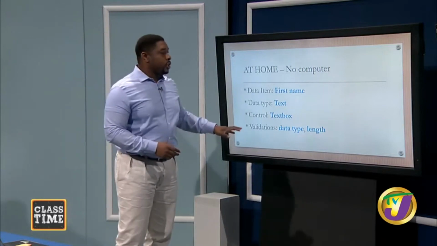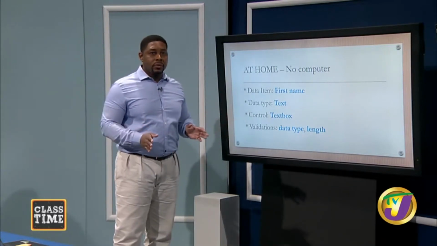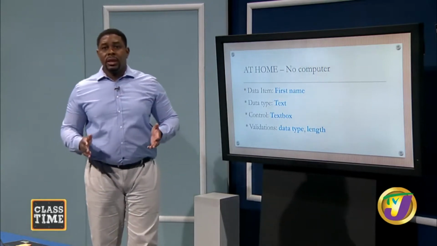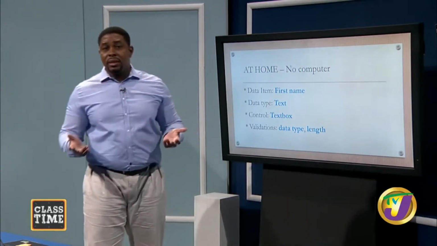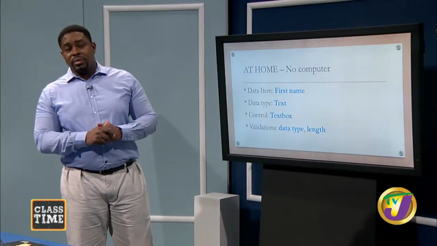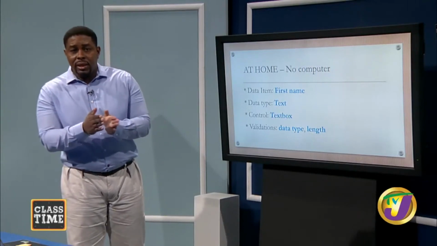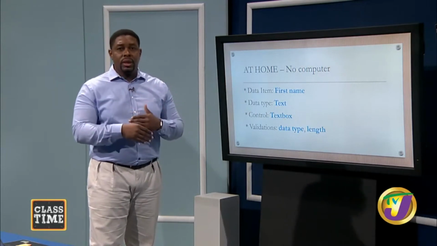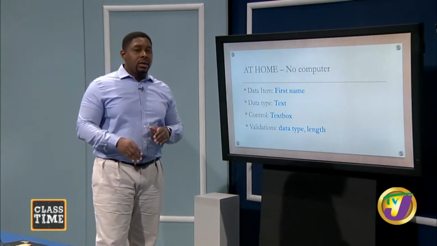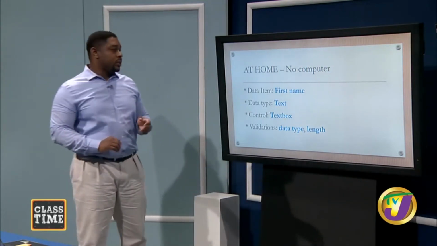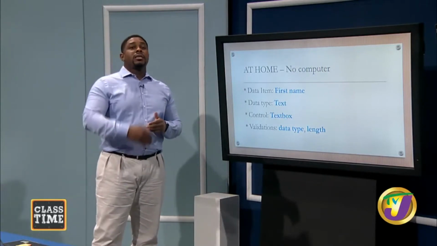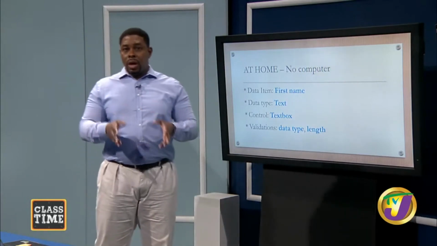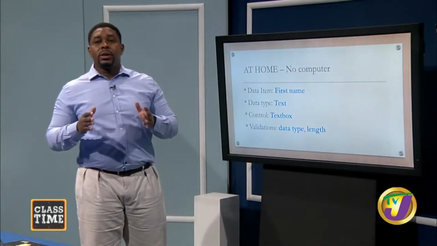All right? So if you don't have a computer at home or you just don't have any internet, you might only be listening by radio, and there's possibly no way in this particular season that you can get to do it online or do it on a computer. It makes sense for you just to write down these things that you intend to do. And a step further, you could go ahead and sketch how you want your form to look.